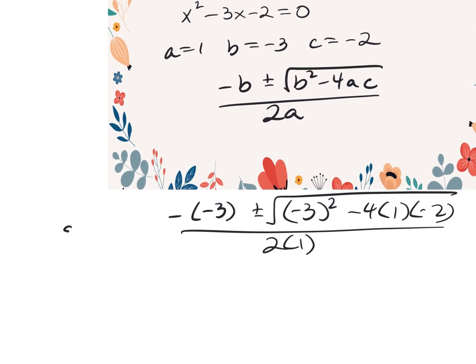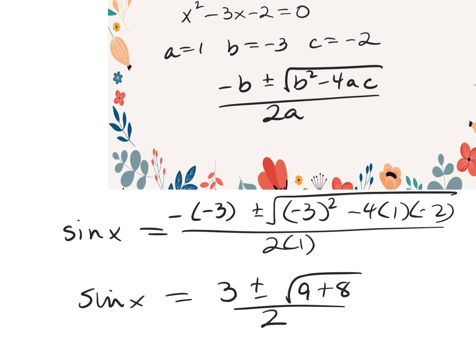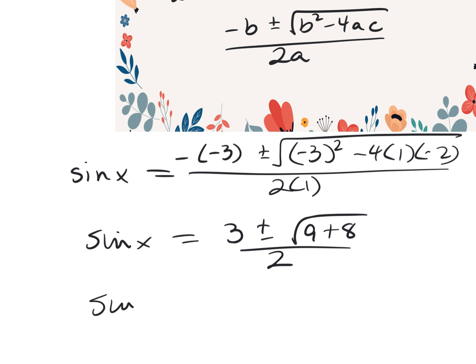Now this is what sine x equals. This becomes positive 3, 9 plus 8, and then sine of x is equal to 3 plus or minus the square root of 17 divided by 2.